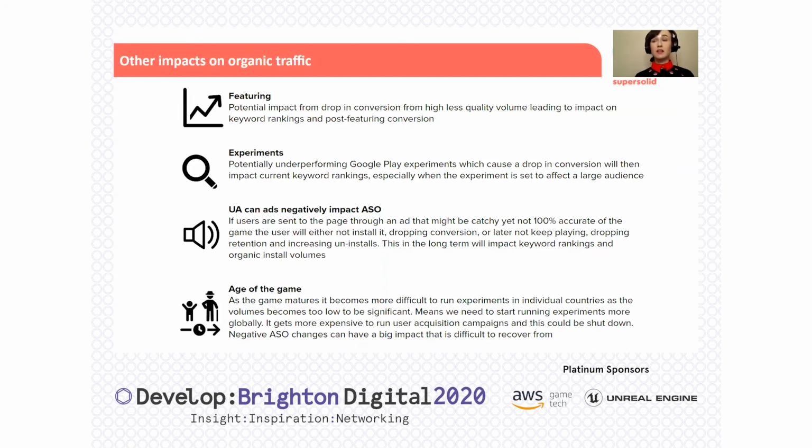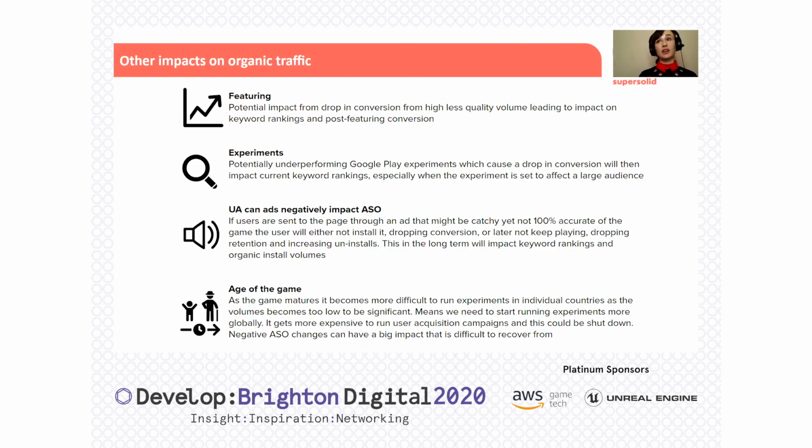And additionally, age of the game. As the game matures, it becomes more difficult to run experiments in individual countries, as the volume is going to be quite low, so it's going to take a while to actually get significant results in your experiments. So you might have to start running experiments globally instead of per country, which may not be the most accurate for countries.